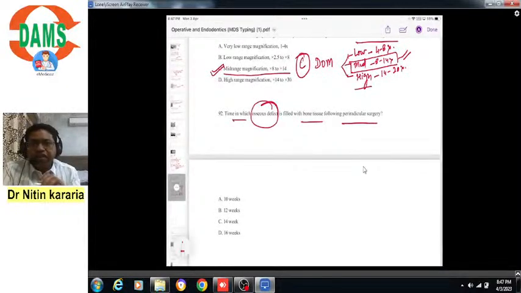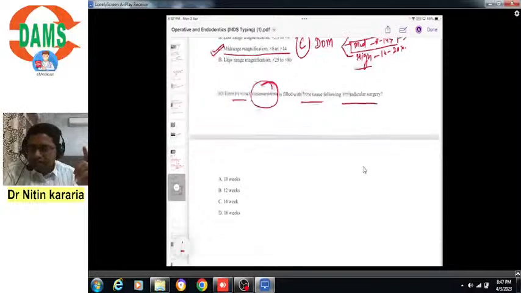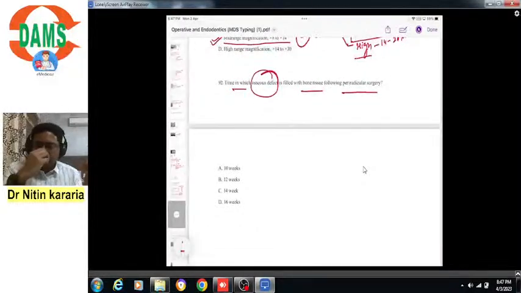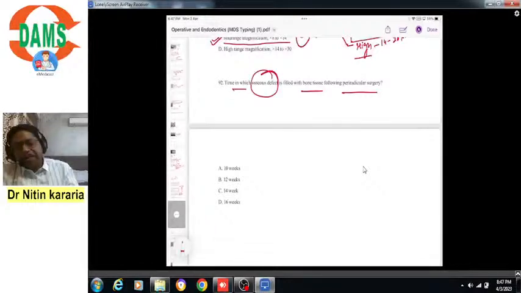The osseous defect is the surgical defect that is created after curettage of the periapical pathology. 10 weeks, 12 weeks, 14 or 16 weeks. What is the time frame required? See, mostly it happens in 14 to 16 weeks duration.